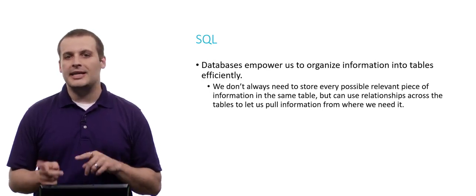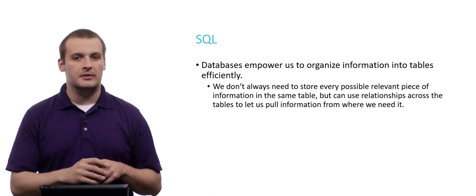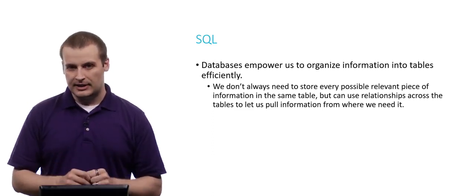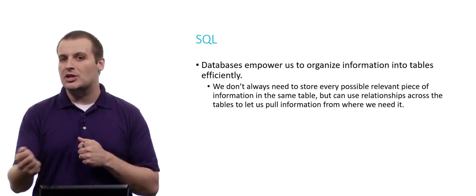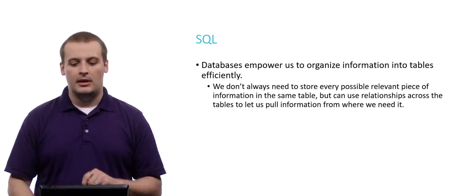But we can use relationships between different tables, and that's where the term relational comes into play for a relational database. We can set up our tables within our databases carefully enough that we can use relationships between them to pull information from where we need it without all that information having to be located in the same table in the first place.